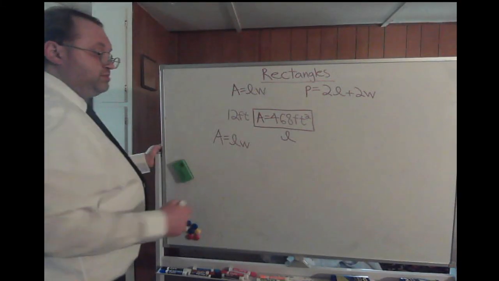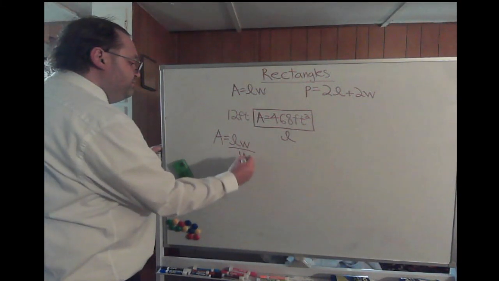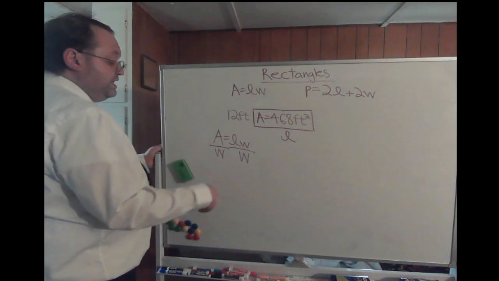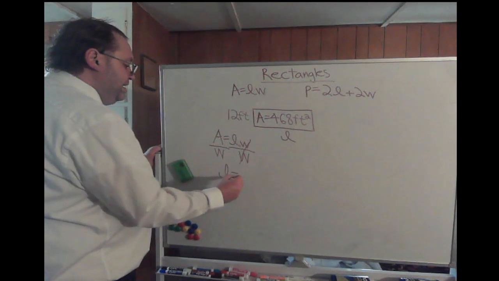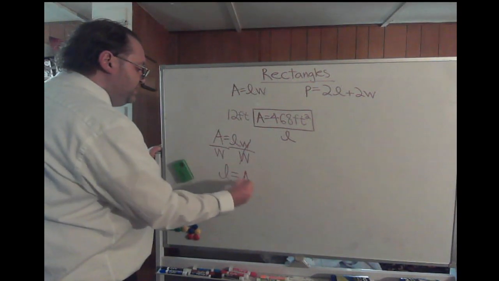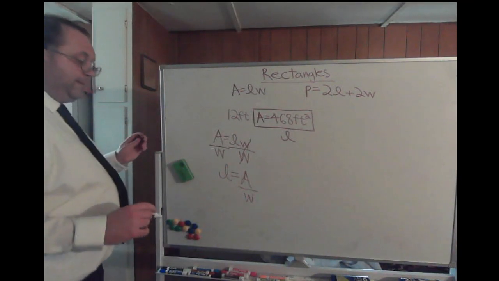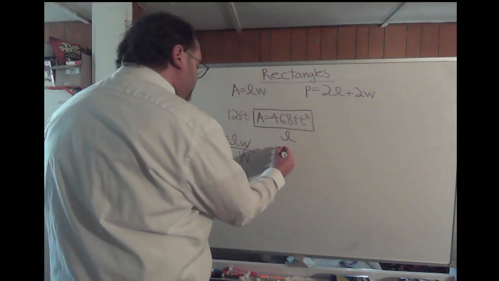Well, L's multiplied by W. In order to do that, you got to divide by W. But what you do to one side, you got to do to the other. On the right side, the W's will cancel out. You'll just be left with L. L is equal to A over W. So your length is equal to the area over the width. Now, we can go ahead and solve for this here.